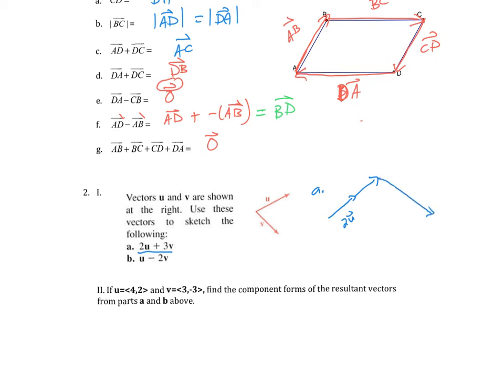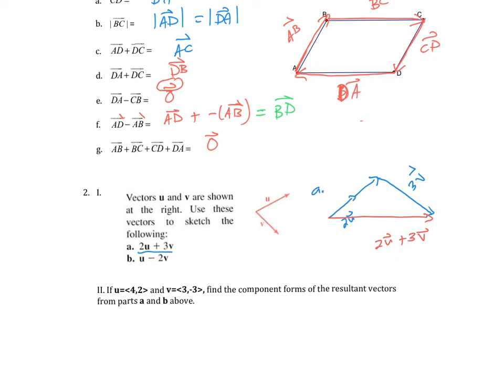So something like that. 2U plus 3V. And then I will connect from where I started to where I finished. So it'll be something like this. 2U plus 3V. And these aren't exact because we're just approximating the scaling of the vectors.